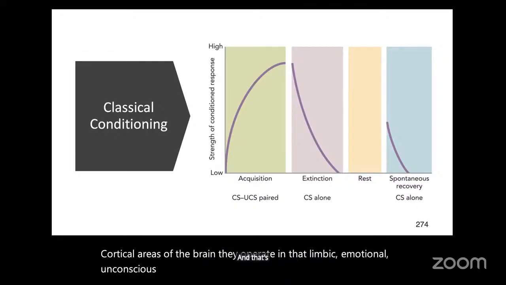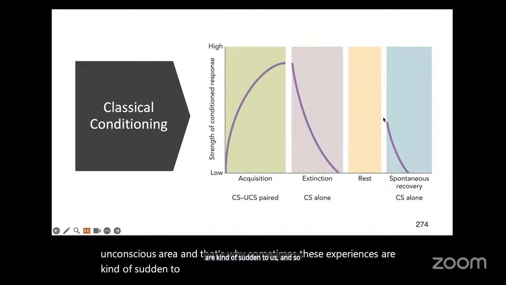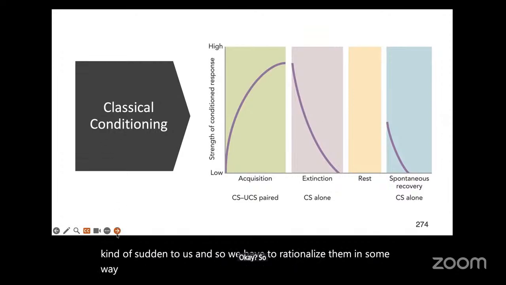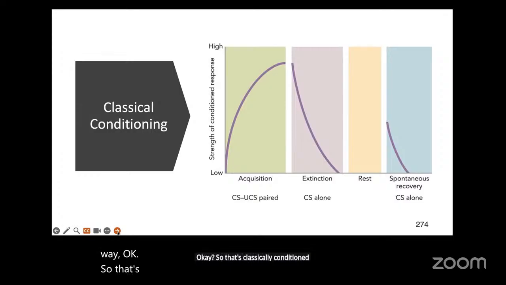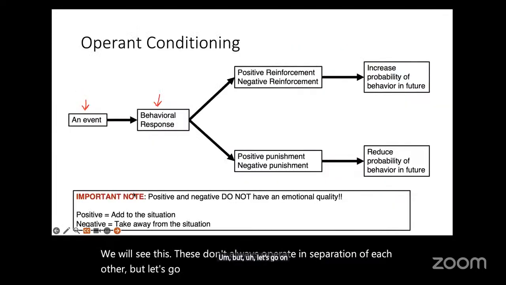And that's why sometimes these experiences are kind of sudden to us, and so we have to rationalize them in some way. Okay. So that's classical conditioning. And we will see these don't always operate in separation of each other. But let's go on and talk about the next type of learning, which is operant conditioning.